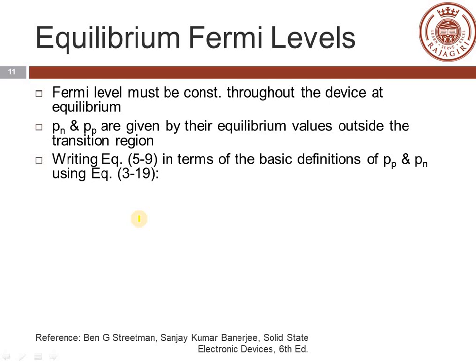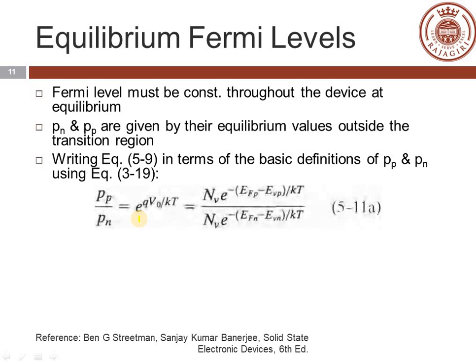So from the previous equations, it is equation 5.9 in terms of the basic definition of Pp and Pn, and we will be using equation 3.9 that we studied in the first video. We can write Pp by Pn equal to e to the power qV0 by kT. This equation we have seen just before. Then in the first module we said p0 equal to NV into e to the power minus EF minus EV divided by kT.